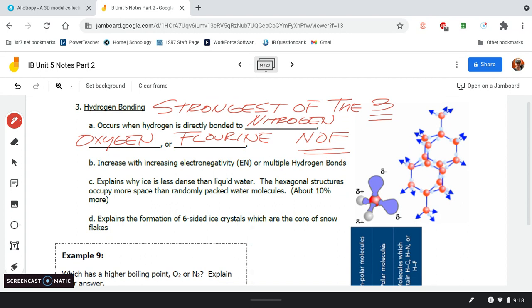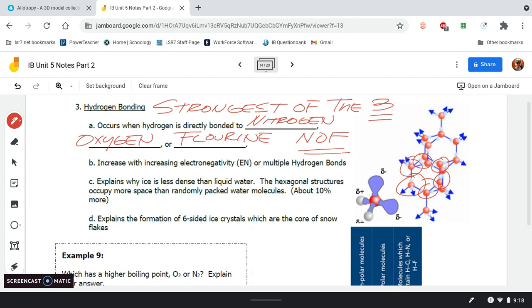And so this is interesting. This explains why ice is less dense than water. So like ice cubes float, right? That's kind of strange because most solids sink in their liquid form, but ice doesn't. So what happens? Well, here is what happens with your water molecules. They all are attracted to each other because they have hydrogen bonds.